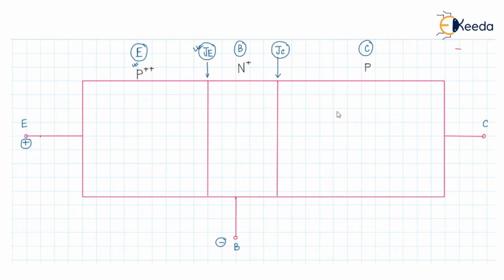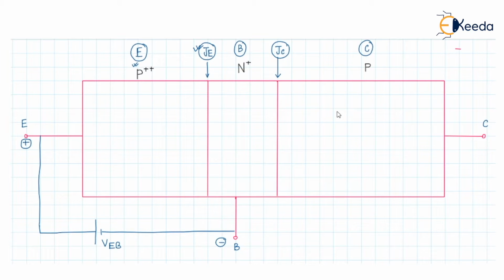That means we have to connect a source like this, such that the positive terminal is connected to the emitter and the negative terminal is connected to the base. Let us call this voltage source VEB, because the emitter is at a higher potential than the base.